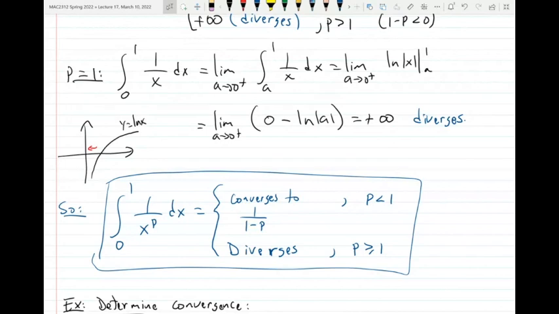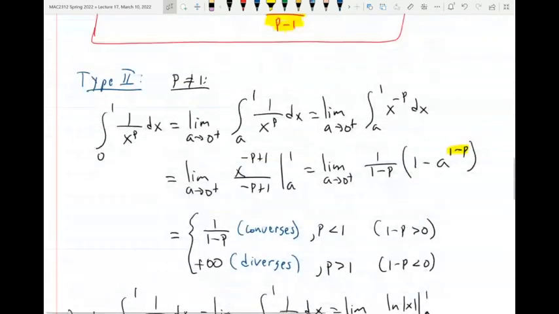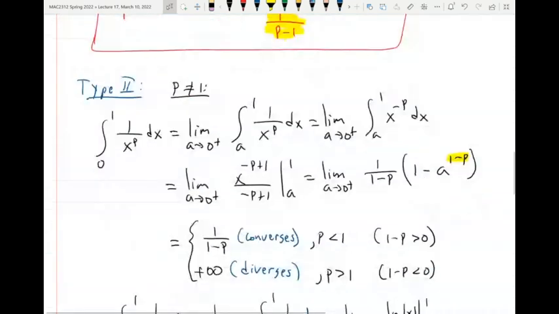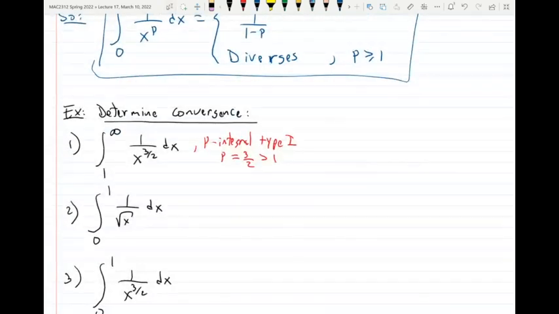Remember, type 2 diverges for p bigger than 1. Type 1 converges for p bigger than 1. So this is a p integral of type 1 with p bigger than 1, so it converges.